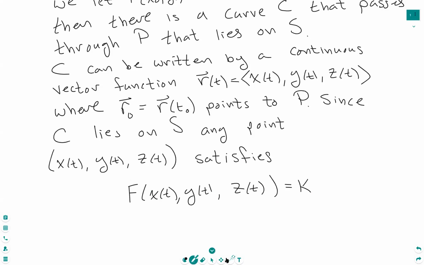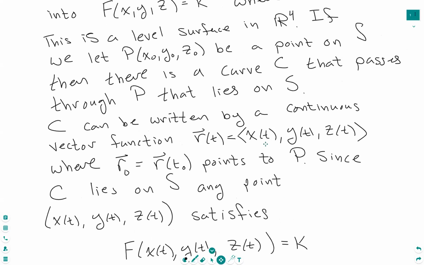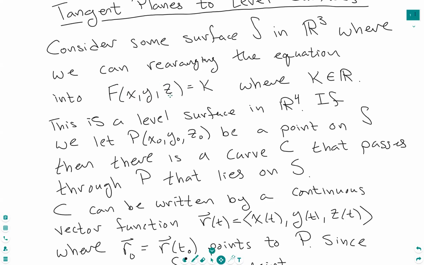Okay, all right. So what are we doing here? What we did was we created this function in R4 that is a level surface, right? And it's based off of the surface S in R3, okay? So that means any point in S can be inputted into our function F and get us K.